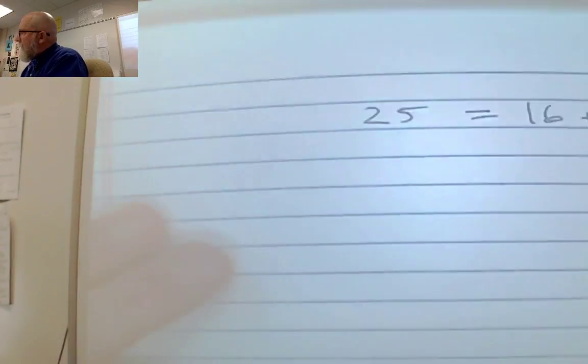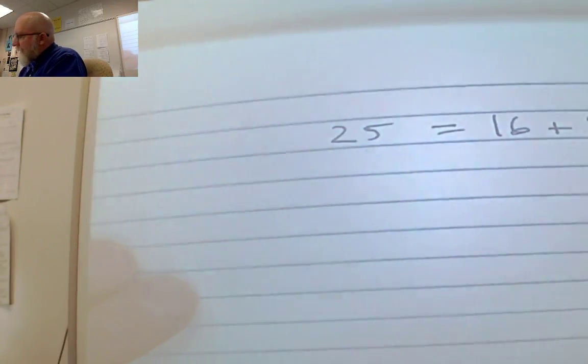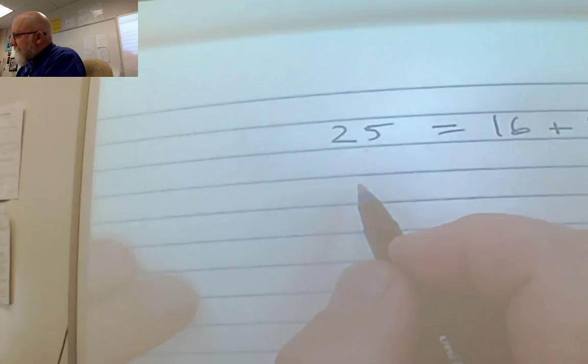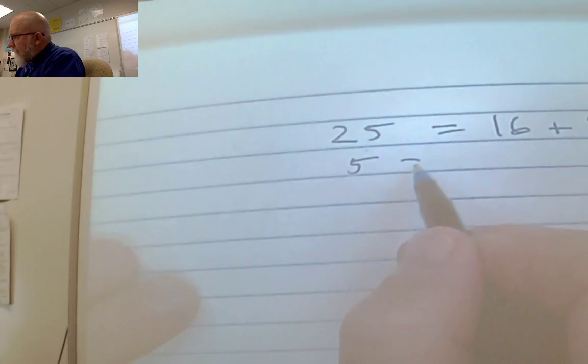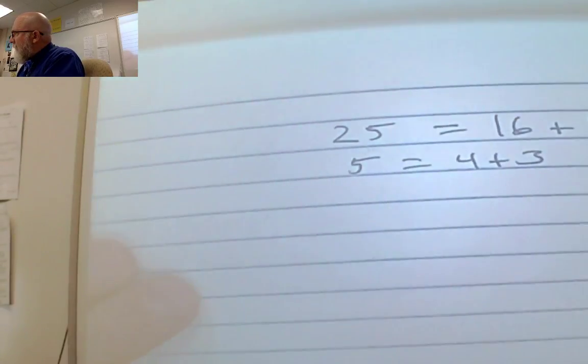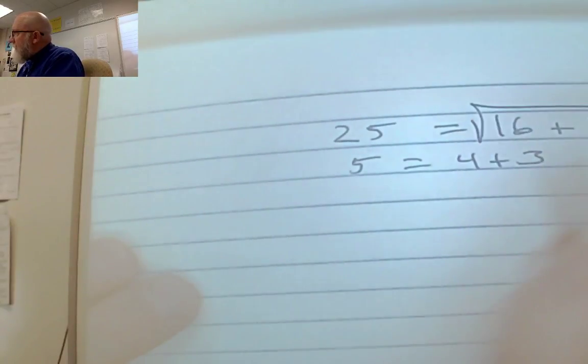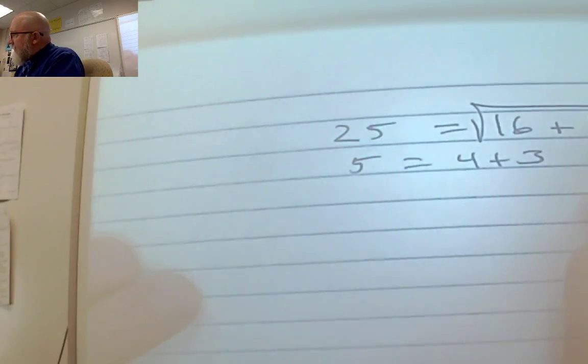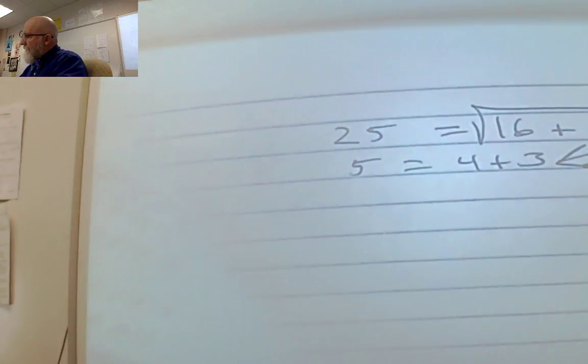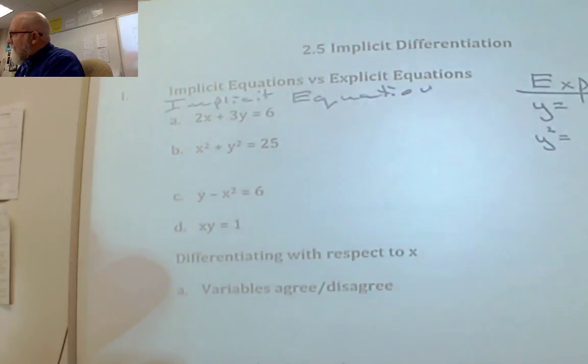Agree with that? If I take the square root of both sides, do I get this? And that is not this. Right? So what do I get?